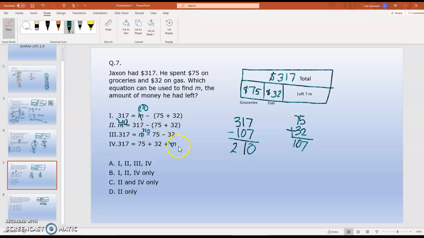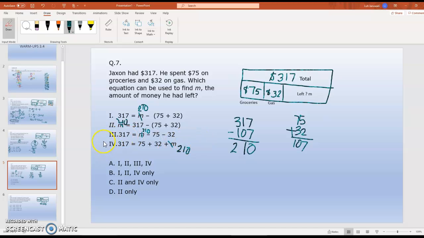How do you know which equation is correct? Because when you do the equation like 75 plus 32 plus 210, if this is the correct equation, it will give you 317. If you subtract 210 minus 75 and minus 32, it should give you 317 if the equation is correct.